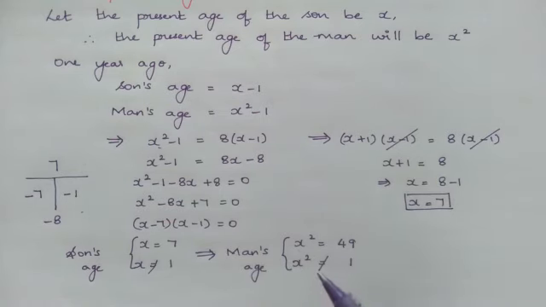Only after identifying the man's age are we able to say that x equal to 1 is not possible. But when we apply the identity, we are able to see that there is only one possibility, and x equal to 7 is that only possibility. So, solving the quadratic equation or forming the equation, solving a problem can be done in any possible way. It's up to you. Hope you people are able to understand. Thank you.